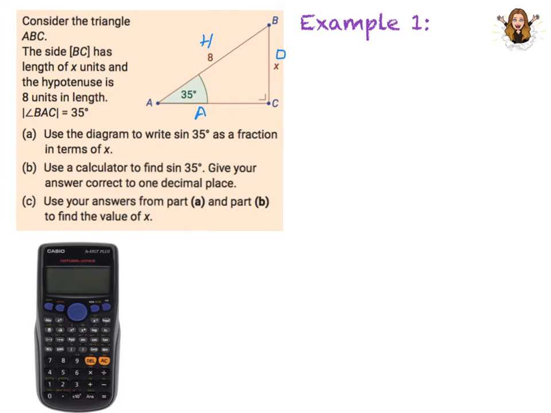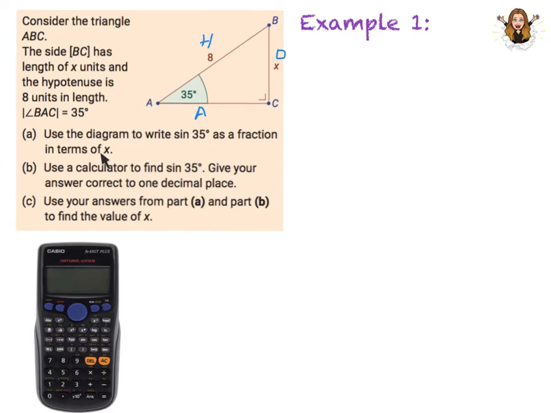Now, if you remember that sine is opposite over hypotenuse, and we have the hypotenuse, and we're looking for the opposite, and we have an angle, so we use sine to find x.